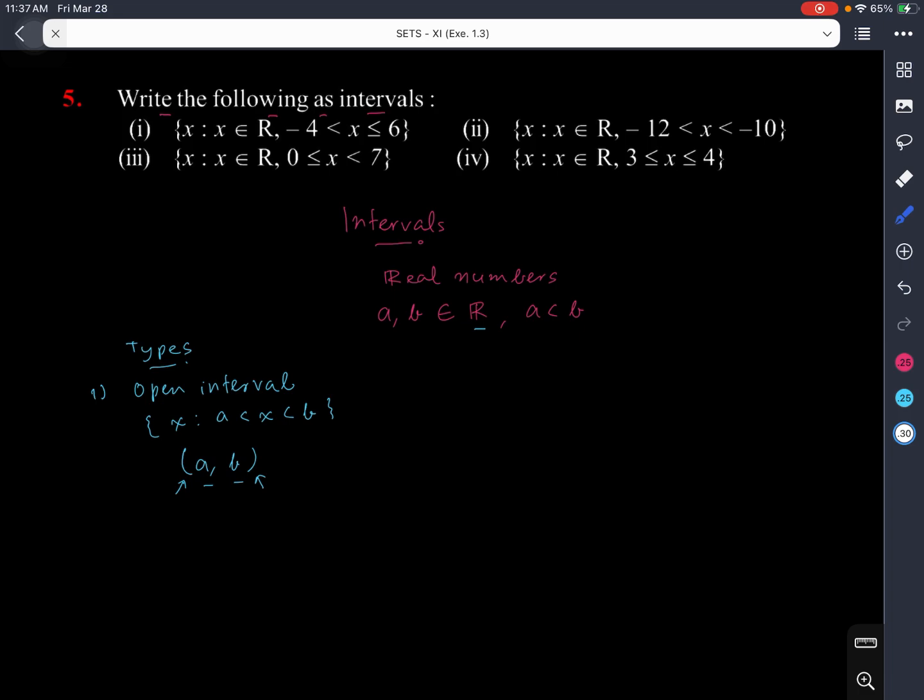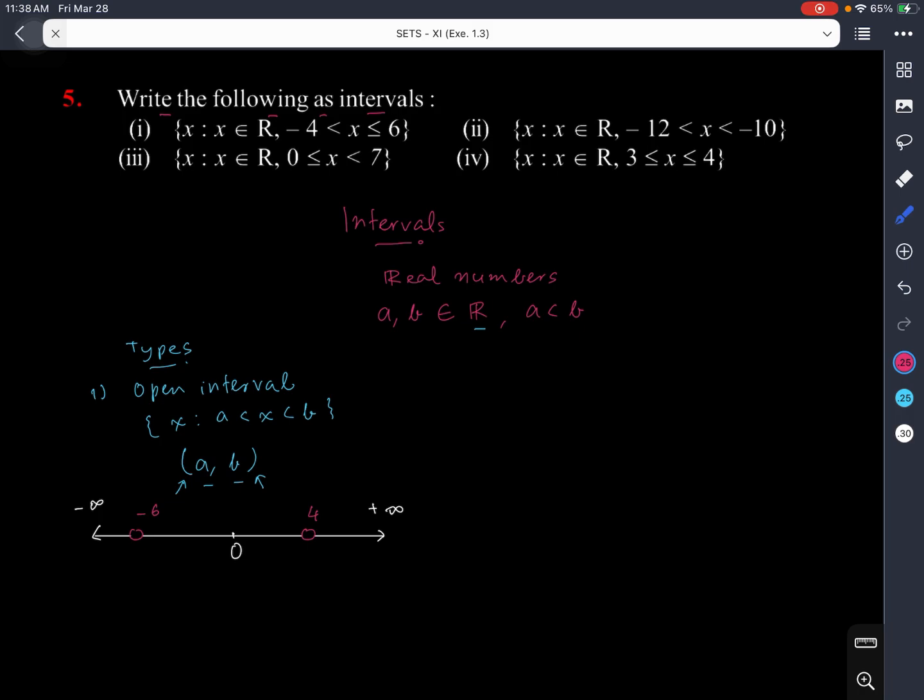To understand this, let us draw a number line representing all real numbers from negative infinity to positive infinity. Let us take two numbers on this very number line, one somewhere here and other somewhere here. Let the first point be -6 instead of a, and let the second point be 4 instead of b.